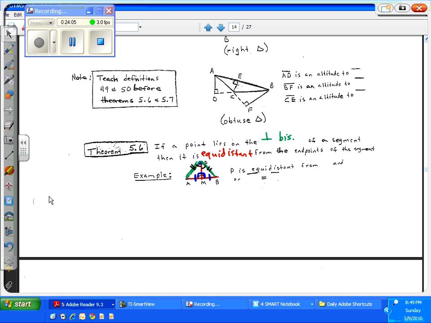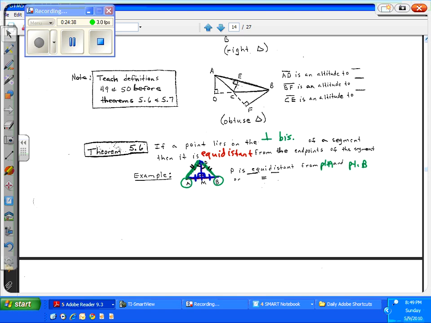So the isosceles triangle theorem allows us to reach the conclusion that if a point lies on the perpendicular bisector of a segment, then that point must be equidistant from the endpoints of the segment. So it's equidistant from point A and point B.